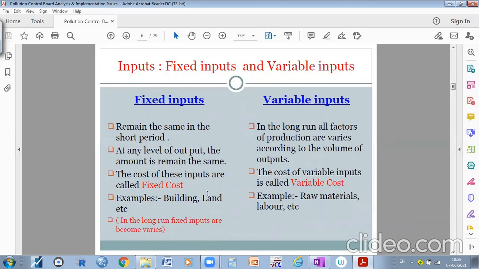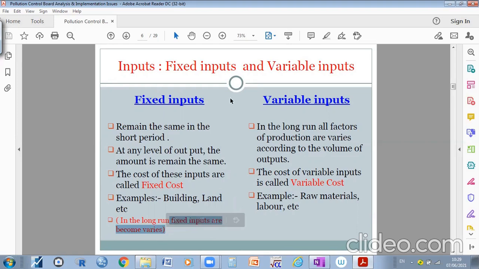At the same time, after cultivating one crop, you can change your land to another land. For example, if you don't want to cultivate 1 acre of paddy next time, you can change 1 acre to half an acre. This is how, in the long run, the fixed inputs become variable. Nothing but it can be changed.